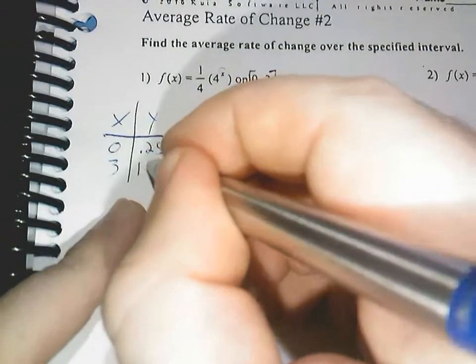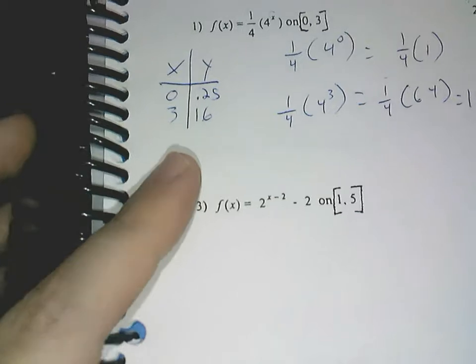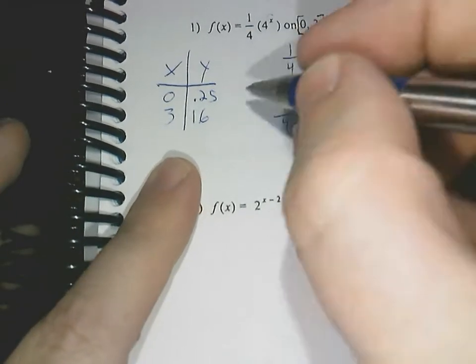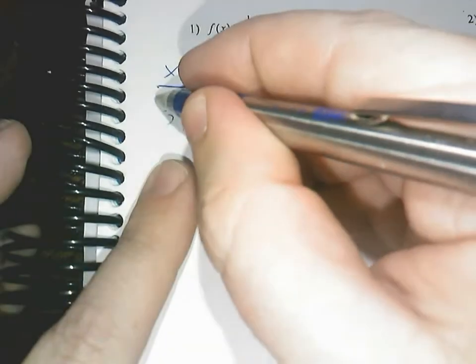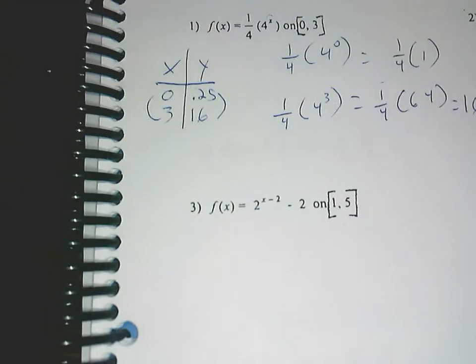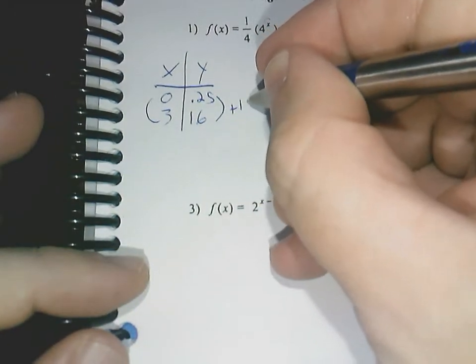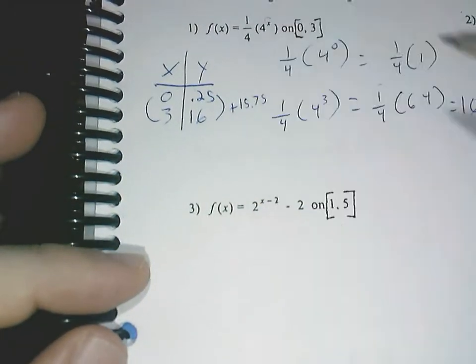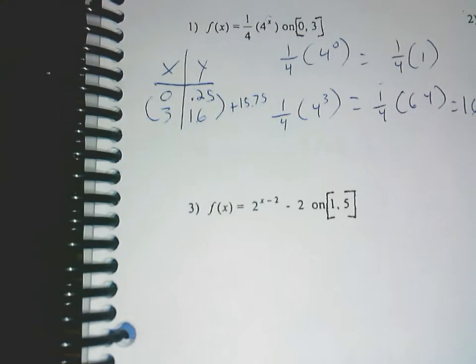Okay? So then to find the average rate of change, I find the change in y and put it over the change in x. From 0.25 to 16, I added 15.75, or 15 3/4, however you want to think of it.